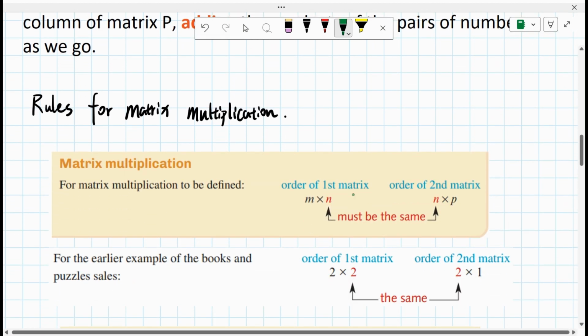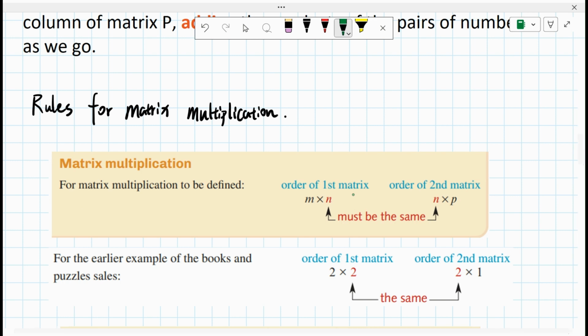But there are some rules we need to follow when multiplying a matrix by a matrix. The order of the first matrix and the order of the second matrix, for example, M times N. So remember, M is the rows and the columns is N. Make sure you have the same number.